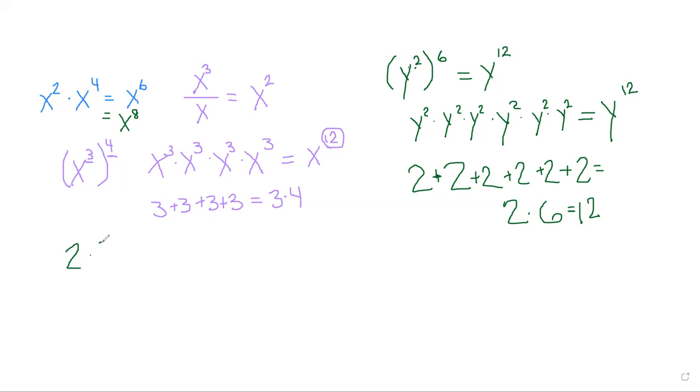2 times 3 is the same as 2 plus 2 plus 2, which is 6, while 2 to the third power is the same as 2 times 2 times 2, which is 8.